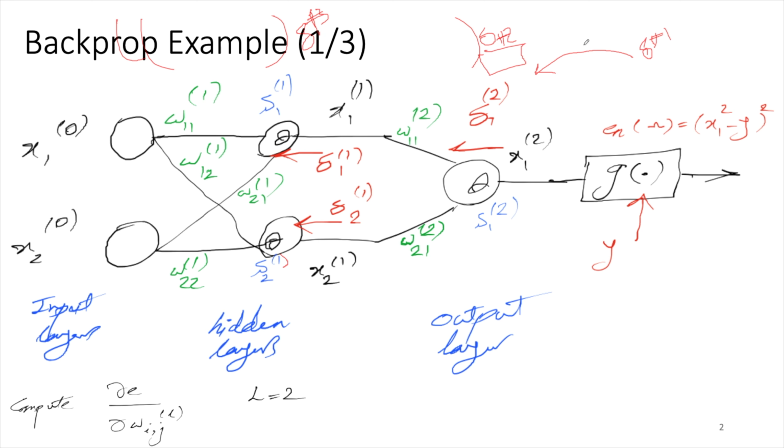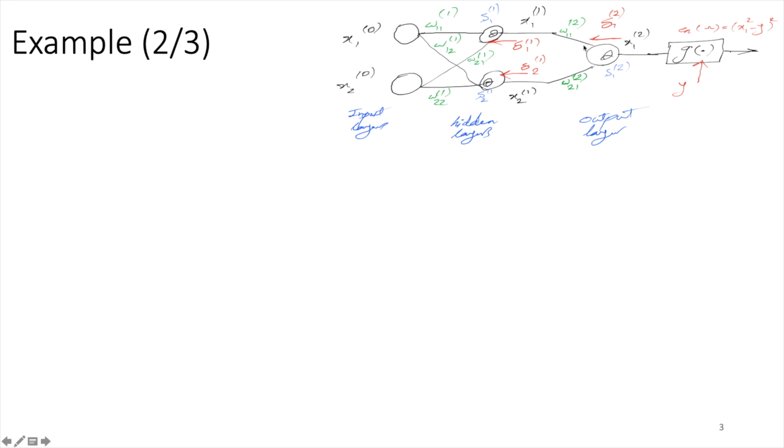All right, I left the diagram up to have it as a reference. So we start with the first delta, delta 1 of 2, which is this. The first delta that comes right before the last layer, right? Right before the final classification.